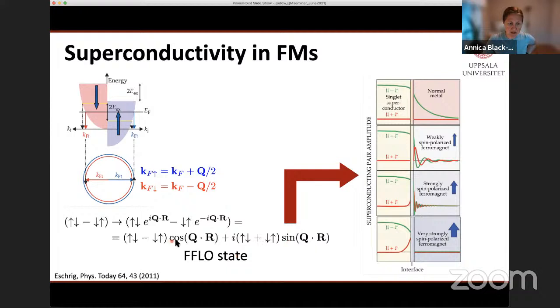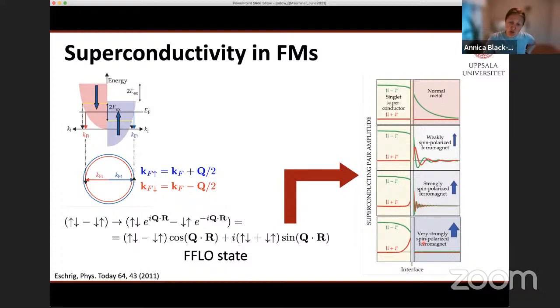These are these oscillations, cosine and sine oscillations here, but rather weakly. I mean, the Q is small, so the oscillations are rather long range. If you have a stronger spin polarization, the Q is bigger and we get sharp oscillations. It wiggles a lot, and you even get a little bit of spin triplet penetrating into the superconductor.